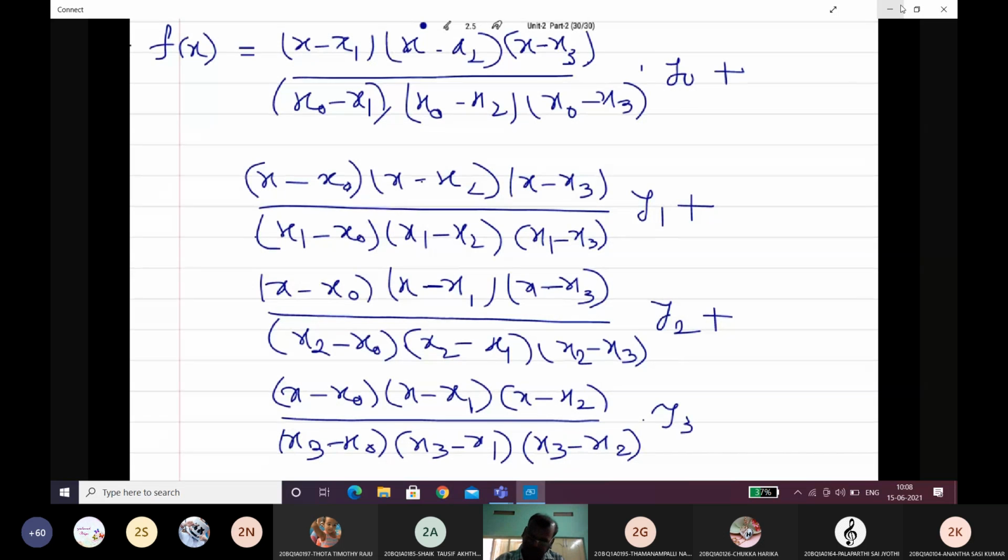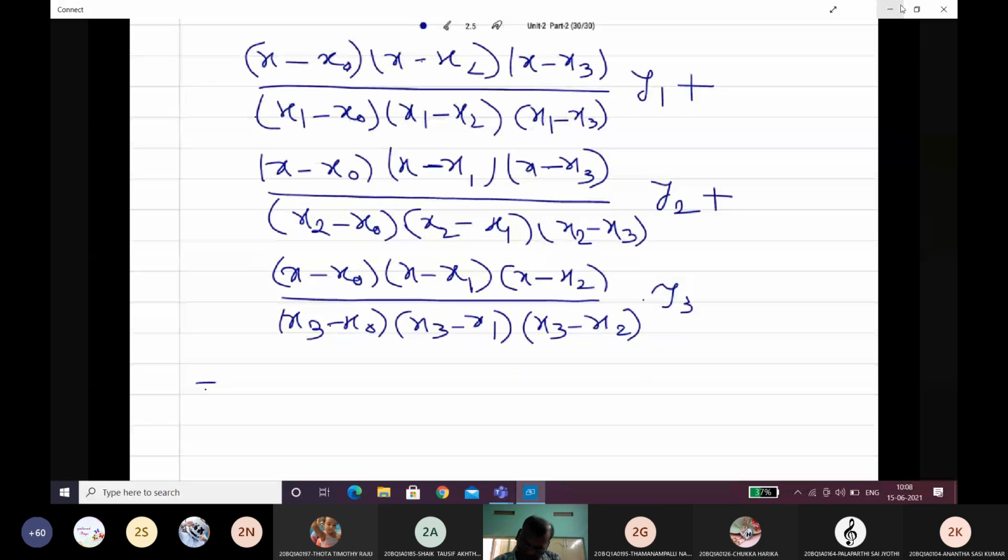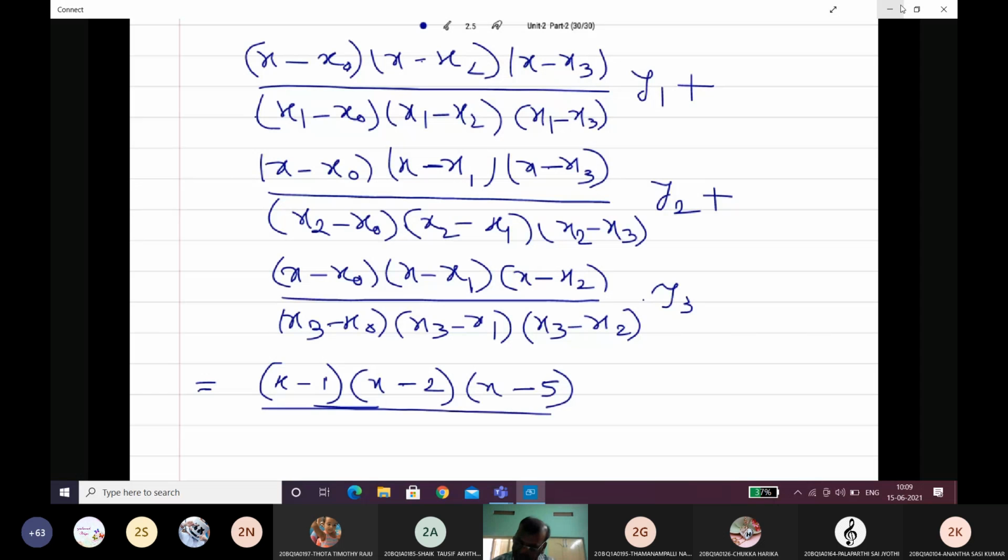Therefore, we have to substitute all the values. What are the values of the first one? x minus x1, x1 is equal to 1, into x minus x2, 2, x minus 5, divided by x naught, x naught is equal to 0, minus 1, 0 minus 2, 0 minus 5, into y naught.